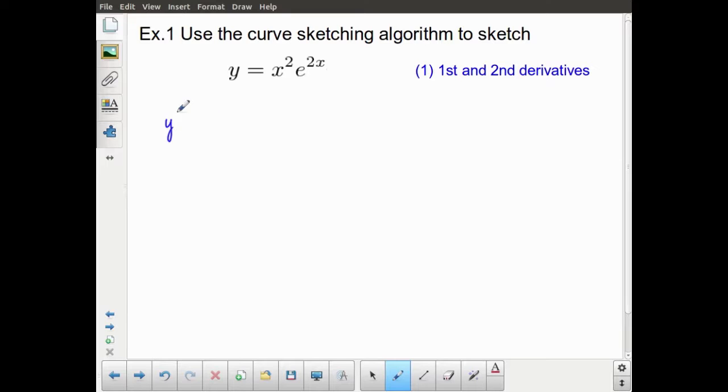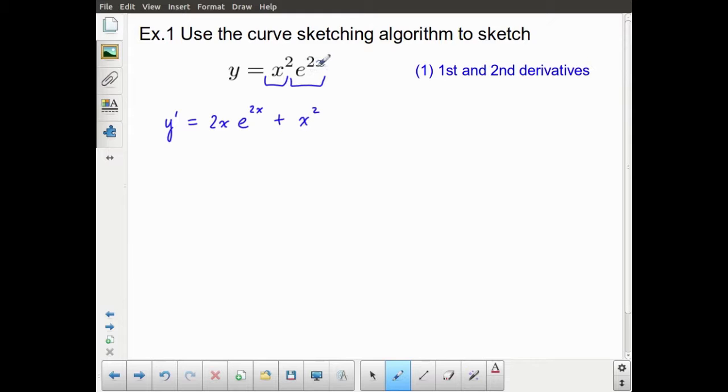So my first derivative, y prime: I have x squared multiplied by e to the 2x. So this is a product rule because I have two distinct terms here. I'm going to take the derivative of the first, which is 2x, multiplied by the second, unchanged, which is e to the 2x. And I'm going to add to that the first term, unchanged, which is x squared.